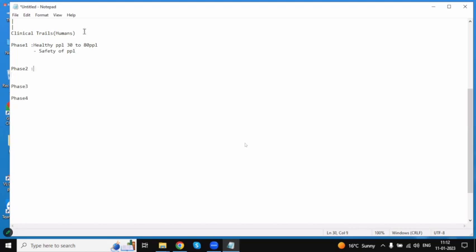In phase 2, they're going to test the drug on patients, around 100 to 500 patients. Here, what is the meaning of patients?